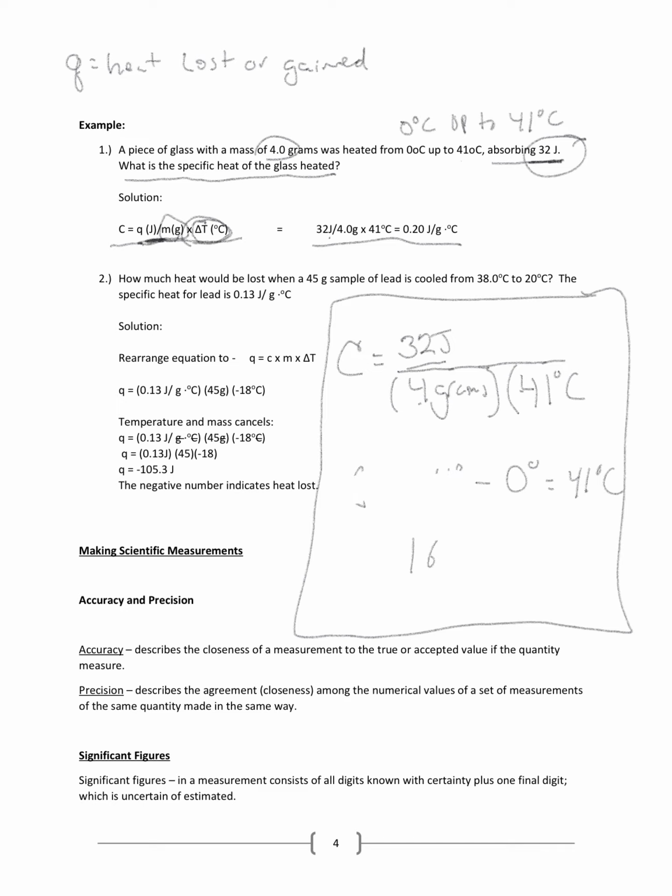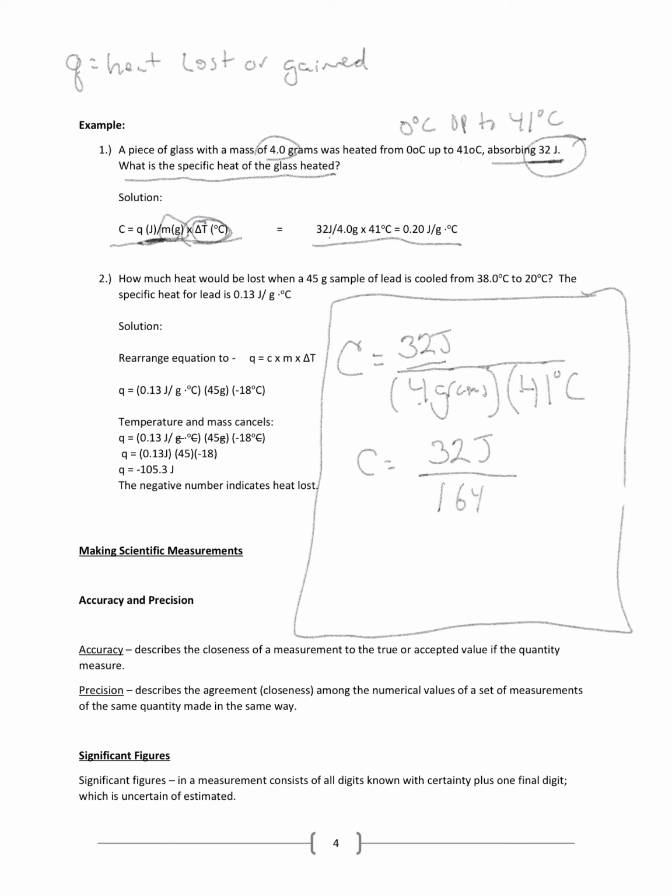So we have C equals 32 joules over 4 times 41, which is 164.